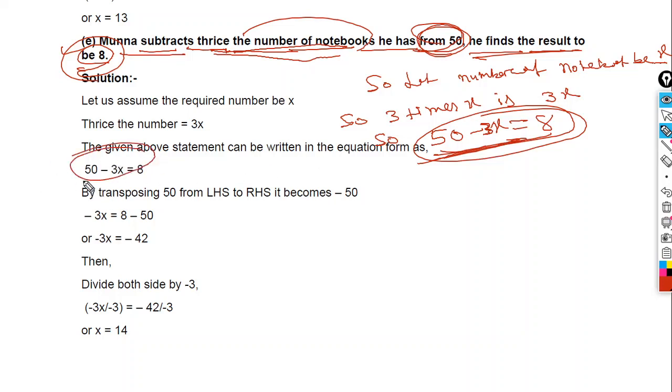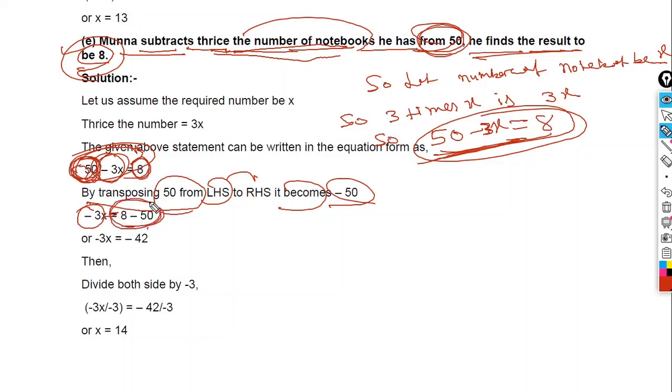First, we will transpose this 50 to the RHS. By transposing 50 from LHS to RHS, it becomes minus 50. What will remain here? Minus 3x equals 8, and the plus 50 becomes minus 50, so 8 minus 50.